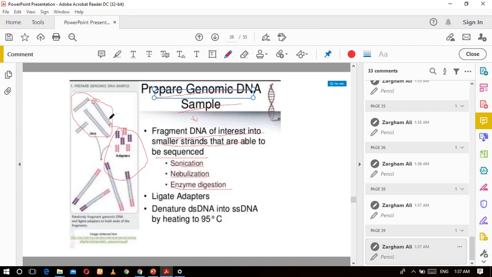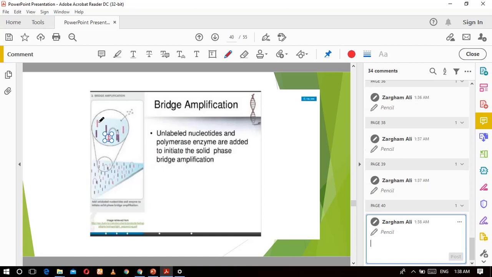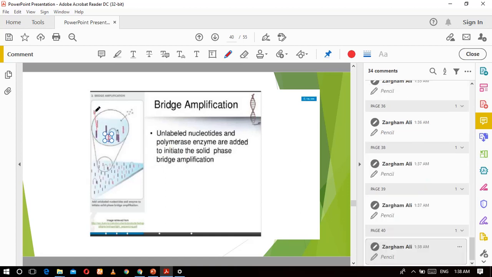After this, we ligate the adapter and denature the double stranded DNA at 95 degrees centigrade. Once it is attached with the primer, it forms a large sequence like this. We have beads there. Once the sequence is completed, then it is bent like this.